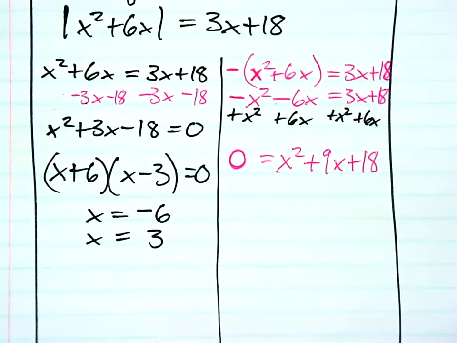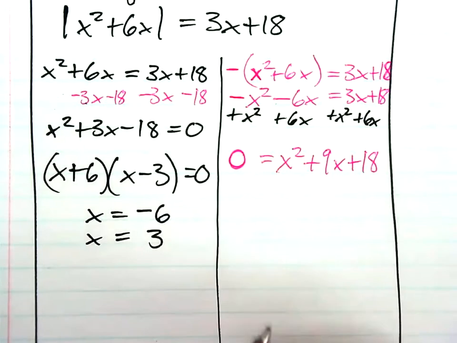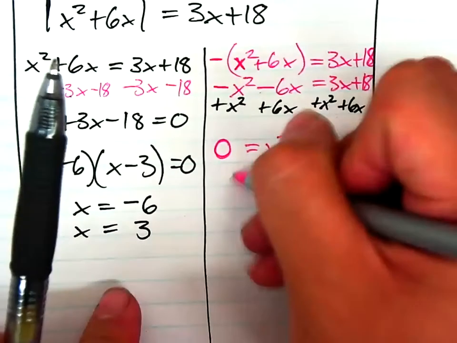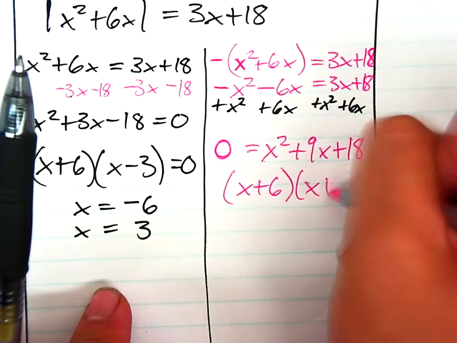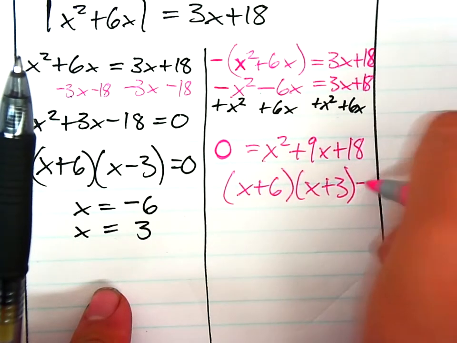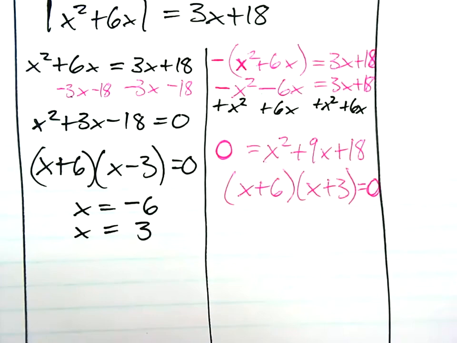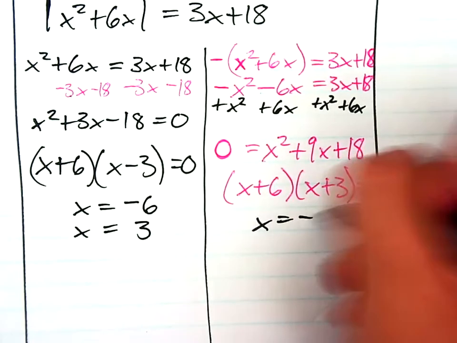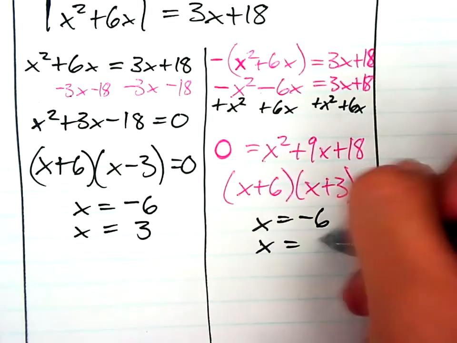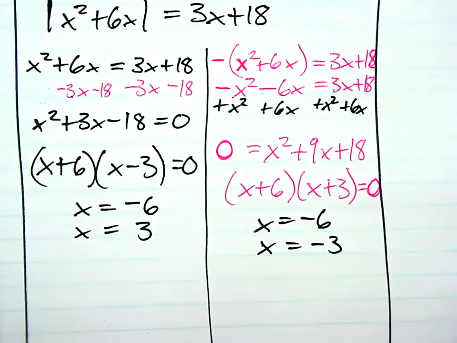Okay, so this one is actually also factorable. This time I'm going to get x plus 6 and x plus 3 equals 0. Meaning that my solutions for this one I'm going to write in black: x equals negative 6 and x equals negative 3. Notice that negative 6 repeated, so we only need to state it once as our answer.